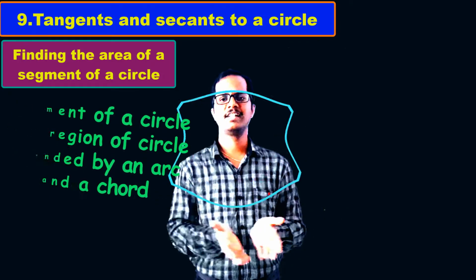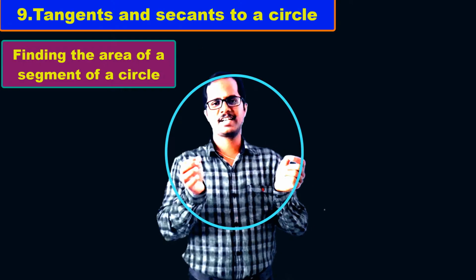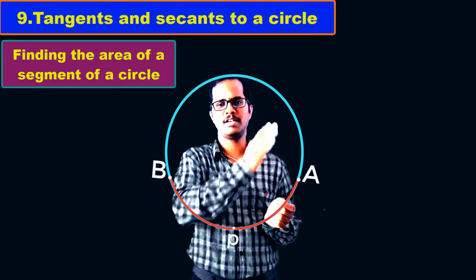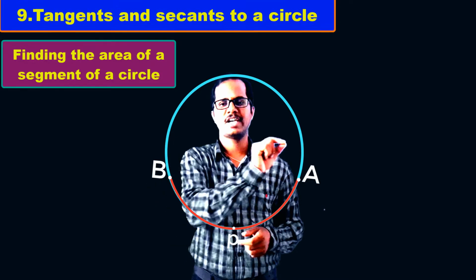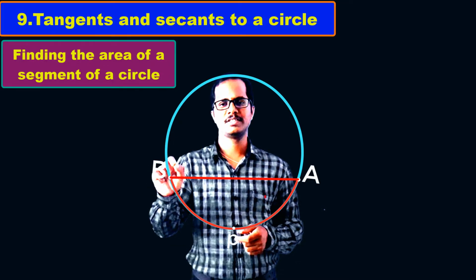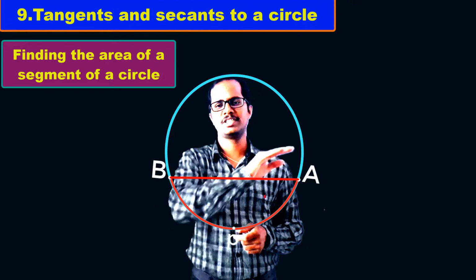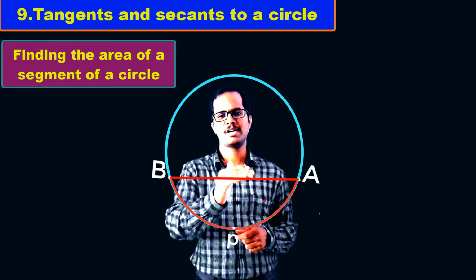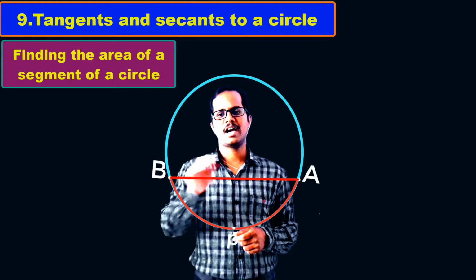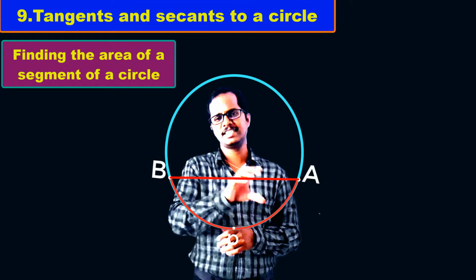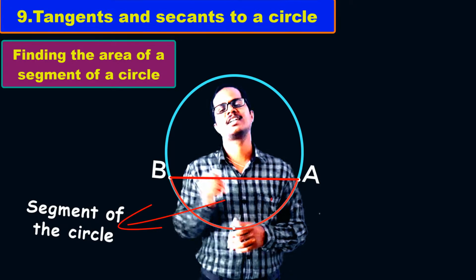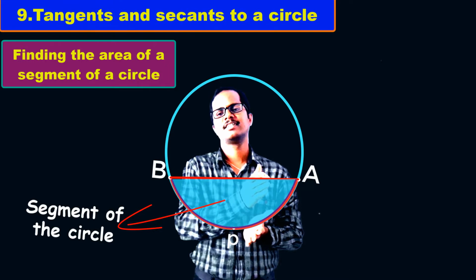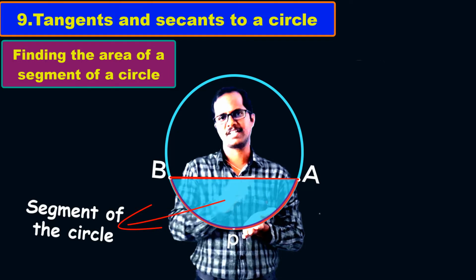So this is a circle, and in this circle let us take an arc, name it as APB. So APB is an arc, and join the points A and B with a line segment. Now this is the chord AB, and the region bounded by this arc APB and the chord AB is called the segment of the circle. So this shaded region is called the segment of the circle.